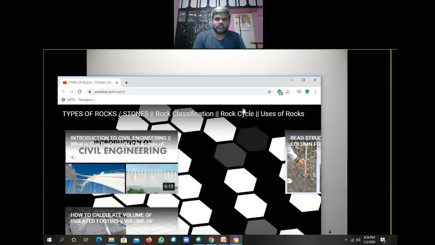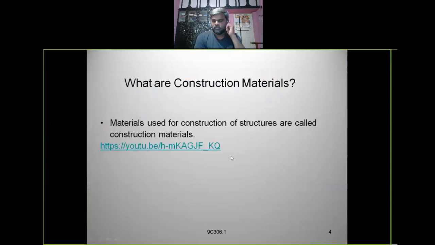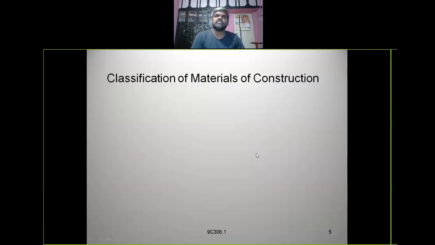Yeah. So we have seen the different types of rocks and what the rocks are used for. Rocks are majorly classified into three types: geological classification, physical classification, and chemical classification.